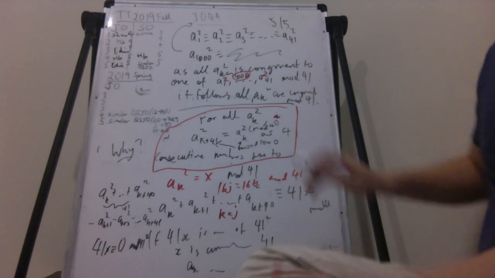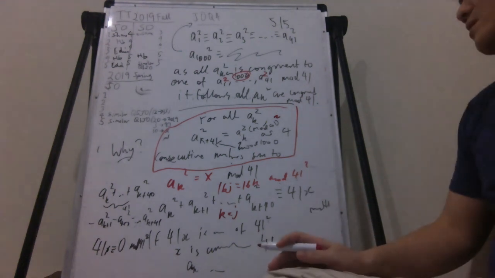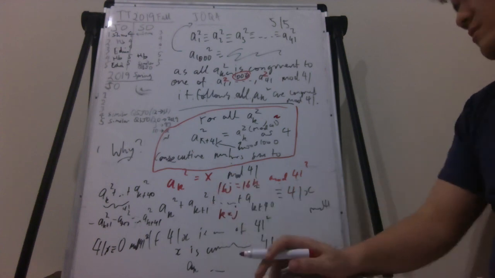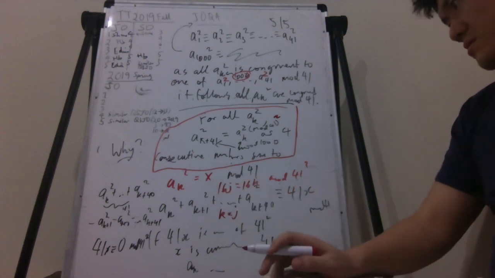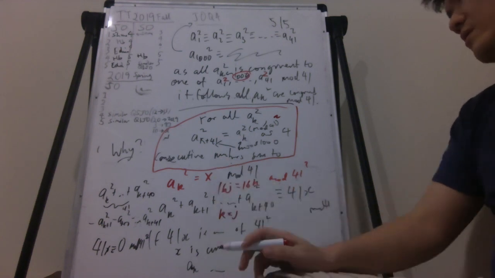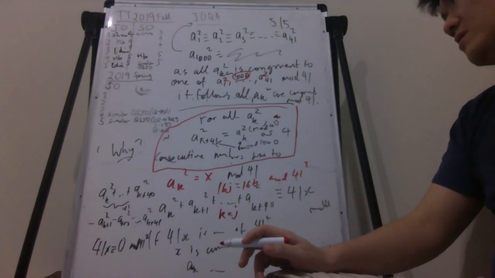Yeah, yeah. So they're all equal to x mod 41 squared. So they're all divisible by 41, yeah. And if you keep going up by 1,000, because 1,000 is co-prime to 41 squared, right?